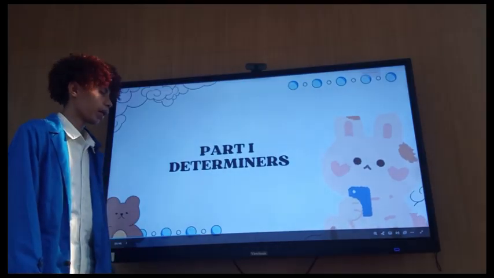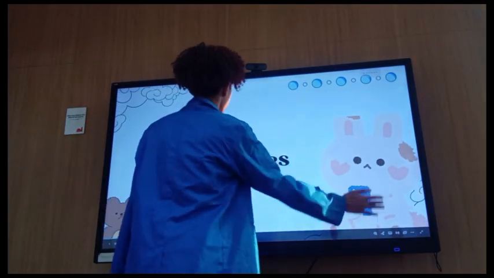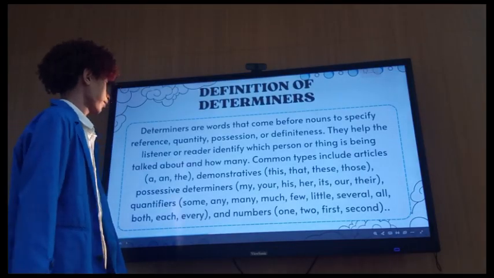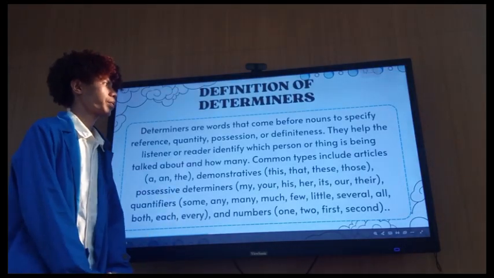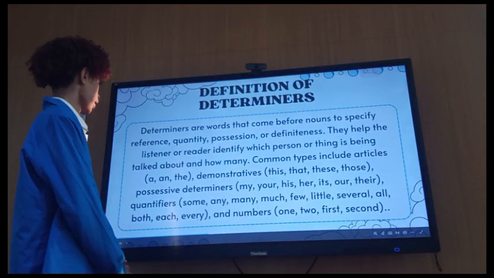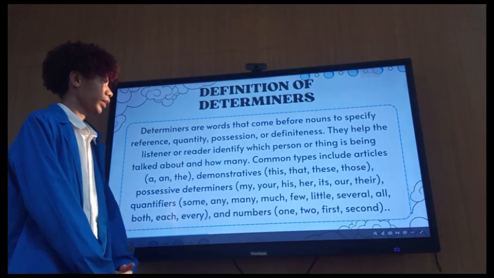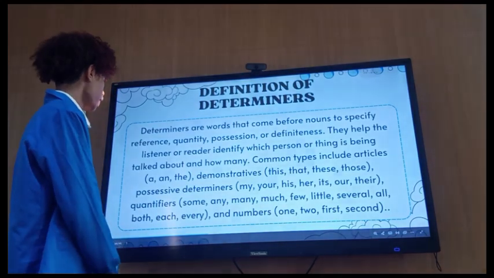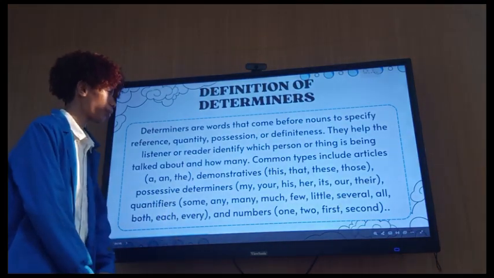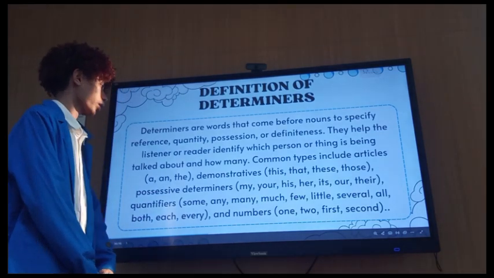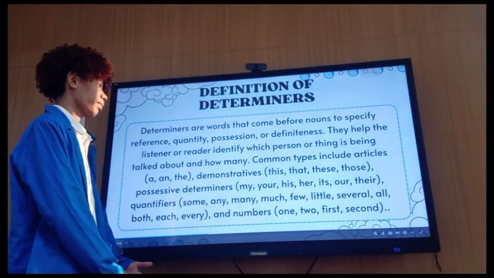Next, part 1: determiner. Definition: determiners are words that come before nouns to specify reference, quantity, position, and definiteness. They help the listener or reader identify which person or thing is being talked about and how many.